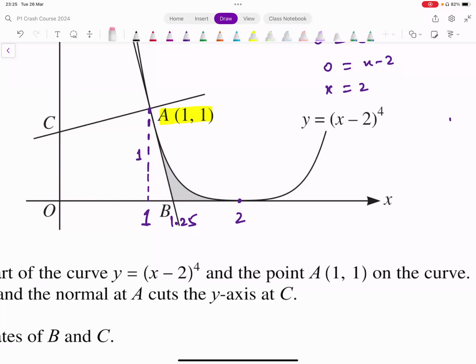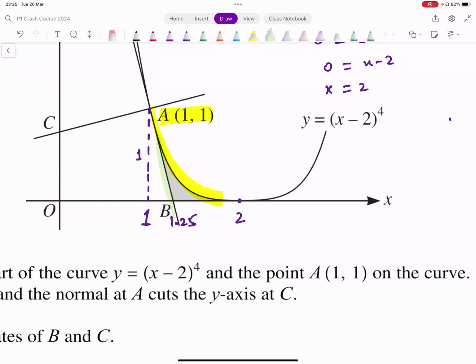So in all of this region, what is the upper graph? The upper graph is this curve. And what's the lower graph? The lower graph is this line. So the upper graph is curve, the lower graph is line.